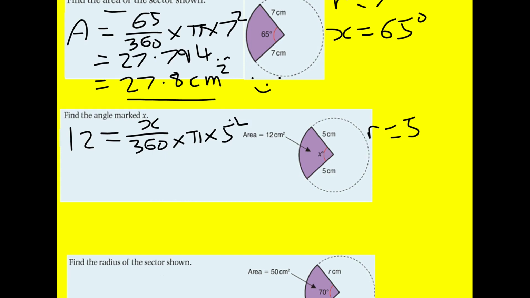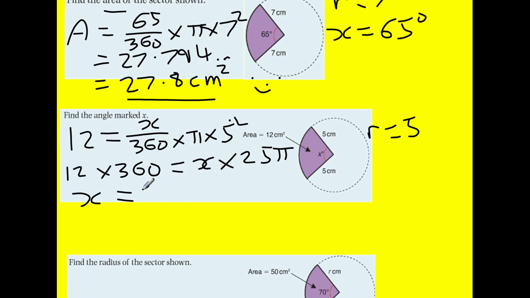And we're going to do exactly what we did for the arc length. We're going to multiply both sides by 360. 12 times 360 will equal x times 5 squared is 25, pi times 25 is 25 pi, x times 25 pi. And we're pretty much there. Not getting my calculator out yet. x equals 12 lots of 360 divided by 25 pi.